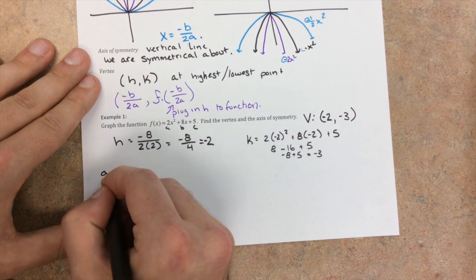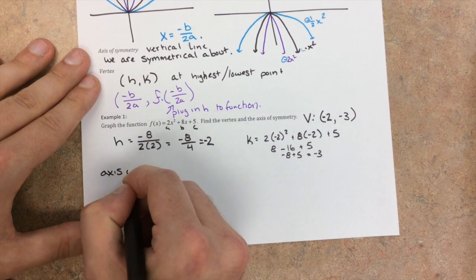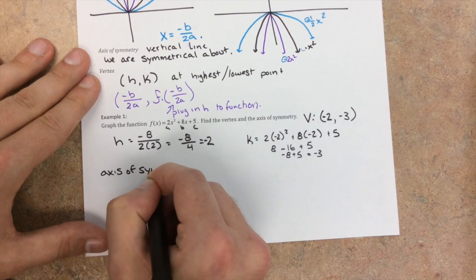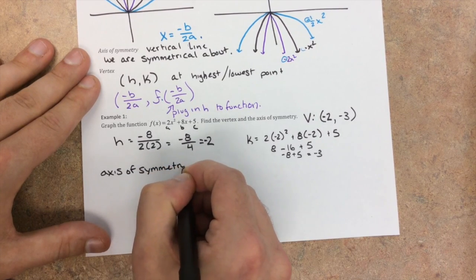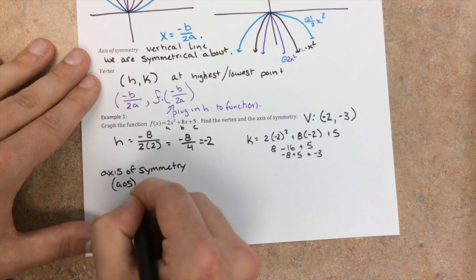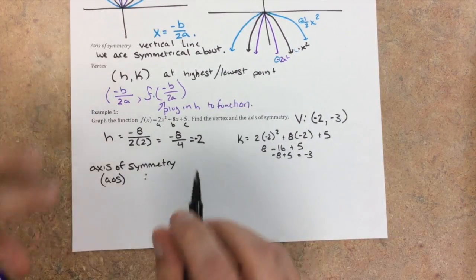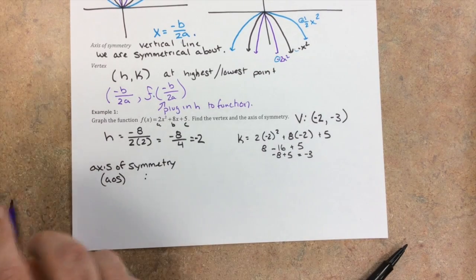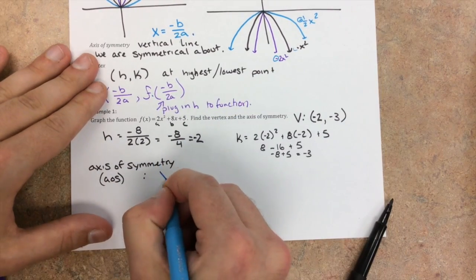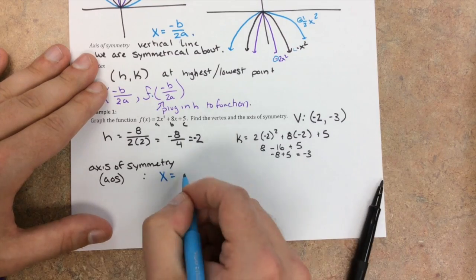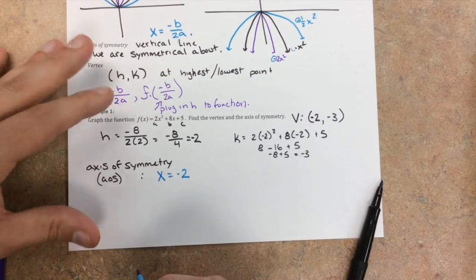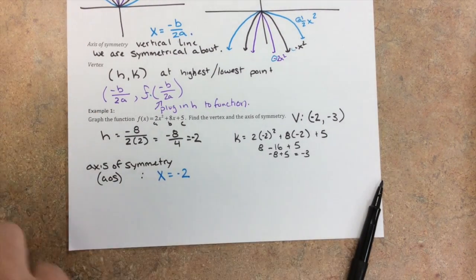My axis of symmetry, or AOS for short, would be the vertical line that passes through negative 2. So that's x equals negative 2. So what does that look like on our graph?